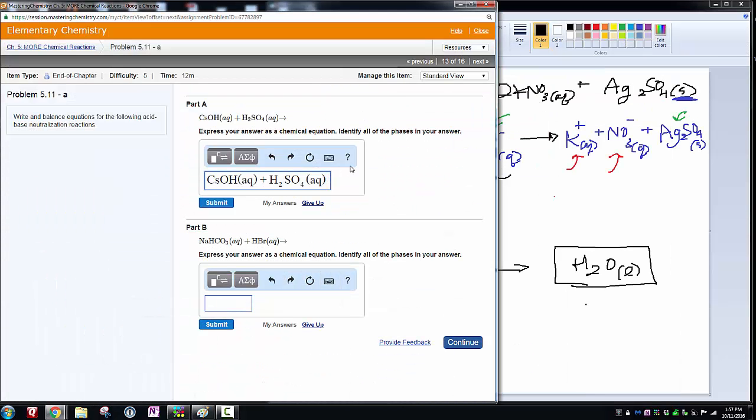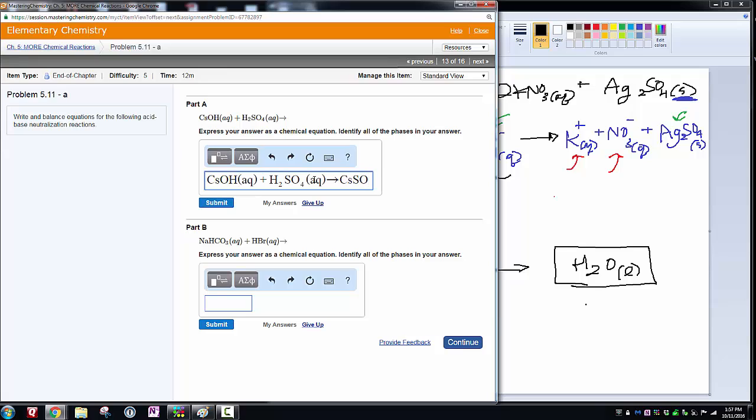All right, so that goes to form. That was just a line with a little side arrow that automatically turned into an arrow. That goes to form what? We're going to play the same game as we did for the precipitation reactions. Outside ions combine, inside ions combine. So we have cesium combining with sulfate.